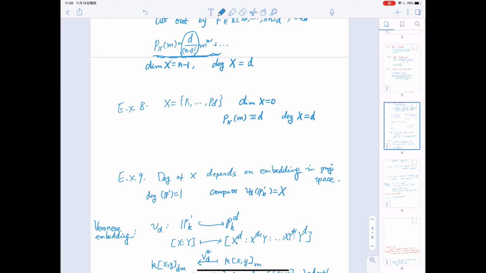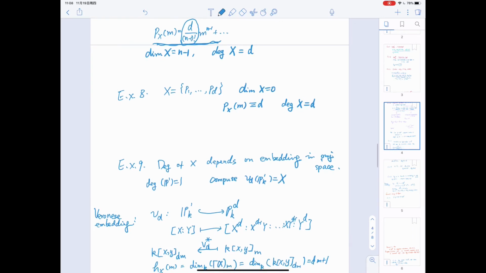The next example illustrates that the degree of X depends on the embedding in projective space, just as the Hilbert function does. From the previous example, we have known that the degree of P1 is 1. Let's compute the degree of its embedding in projective space Pd, the Veronese embedding. Namely, vd is defined by sending the coordinates x, y to all monomials of total degree d in x and y.